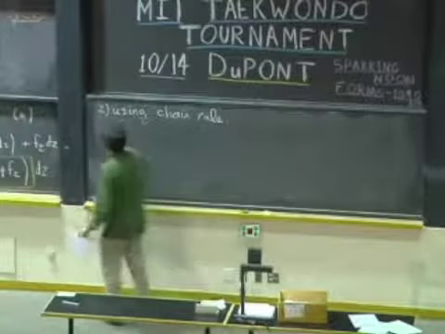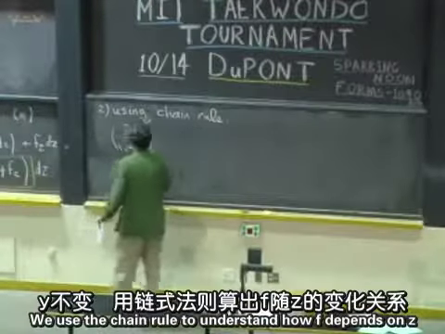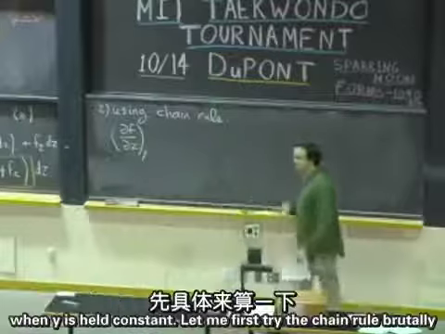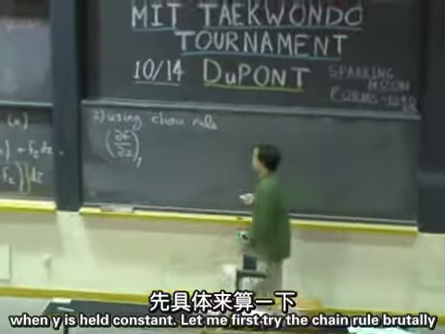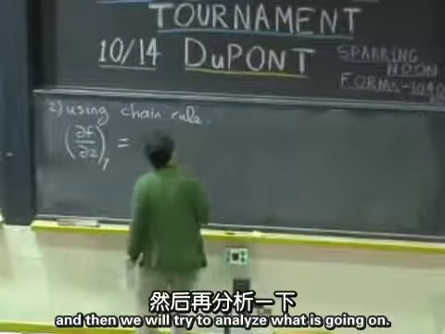So let's use the chain rule to understand how f depends on z when y is held constant. Let me first write the chain rule brutally, and then we'll try to analyze what's going on.